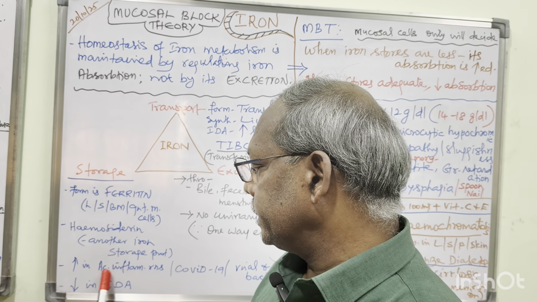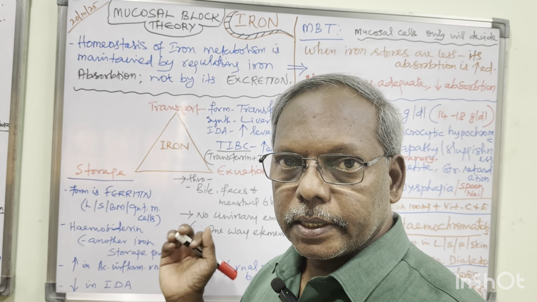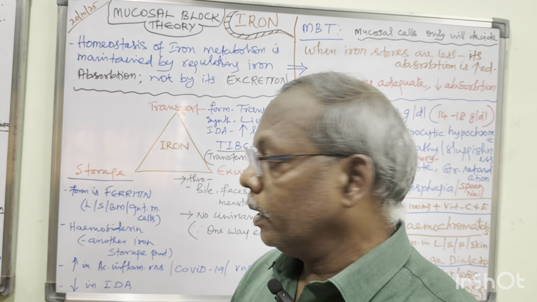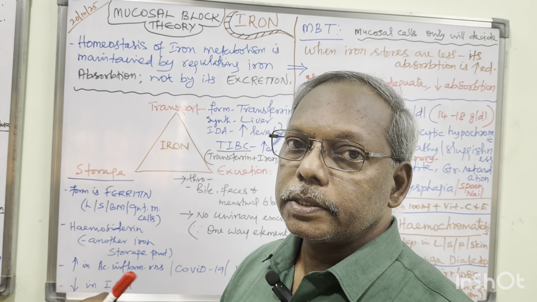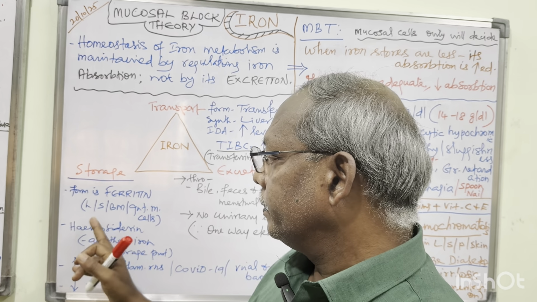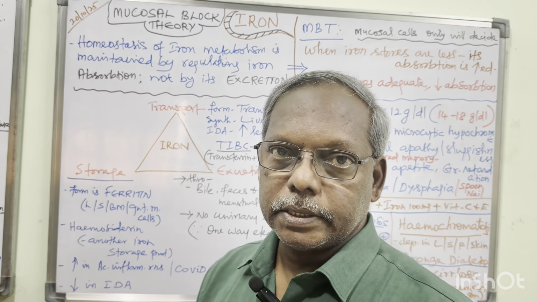Ferritin is increased in acute inflammatory reactions, viral infections, bacterial infections and COVID-19 like infections also. Decreased in iron deficiency anemia. These are all the 4 points for your storage of iron: storage form ferritin, where it gets stored, how it is increased and how it is decreased.